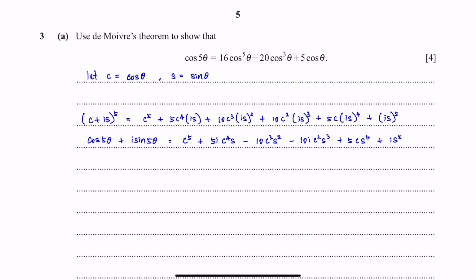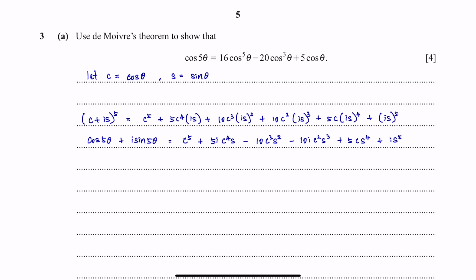And now we just want the cos 5 theta. We see that cos 5 theta is the real part, and i sine 5 theta is the imaginary part. So since we only want the real part, we just need to extract the real part of the right hand side. So it will be this, this, and this.